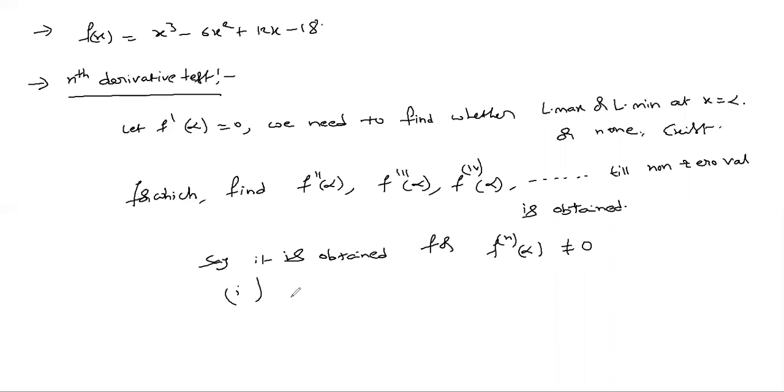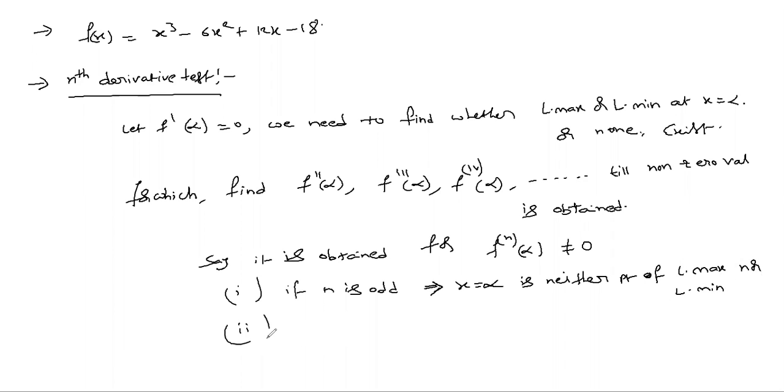Case 1, if n is odd, then we can say x equal to alpha is neither a point of local maxima nor a point of local minima.